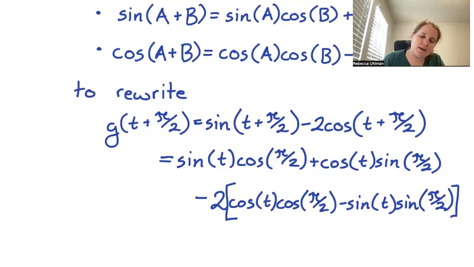Some things to keep in mind. Cosine of pi over 2 is 0. So cosine of pi over 2 goes to 0 in both places it appears. Sine of pi over 2 is 1. So sine of pi over 2 goes to 1.